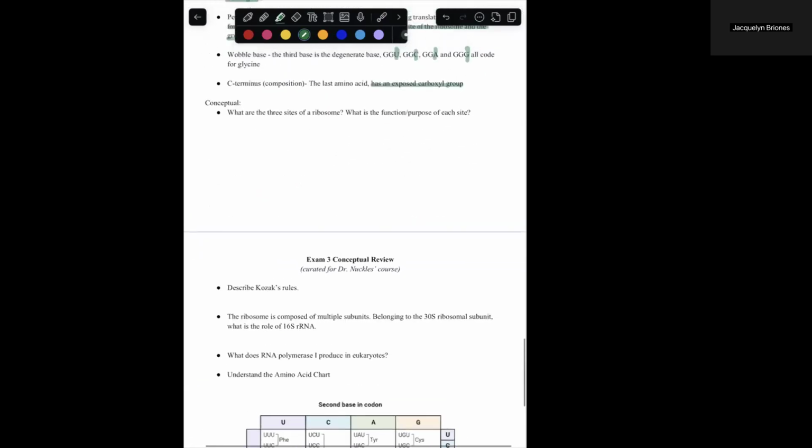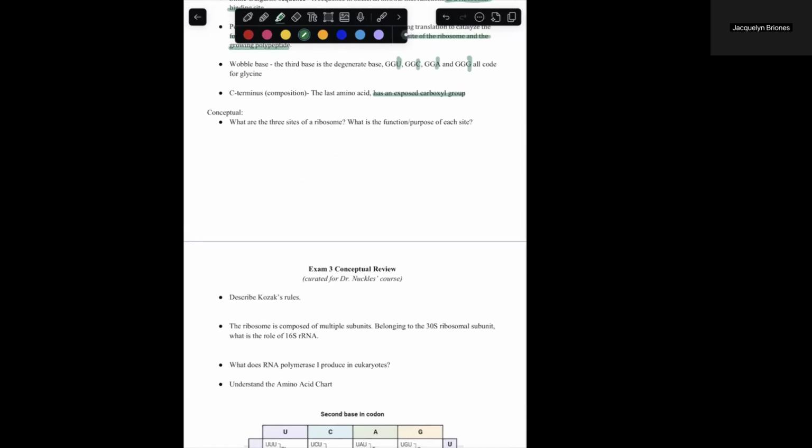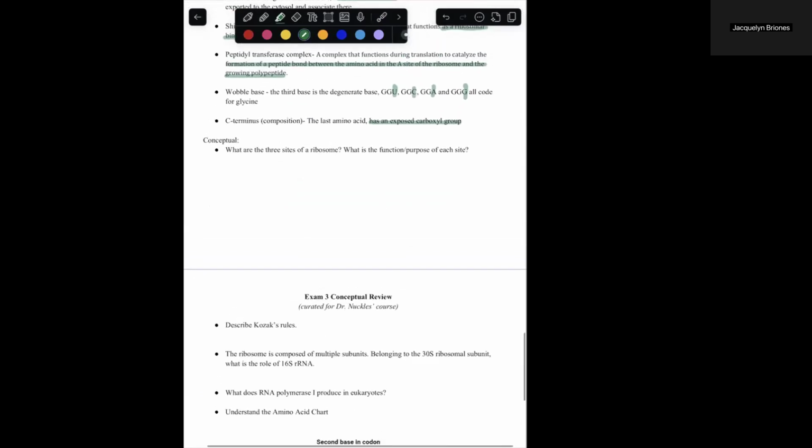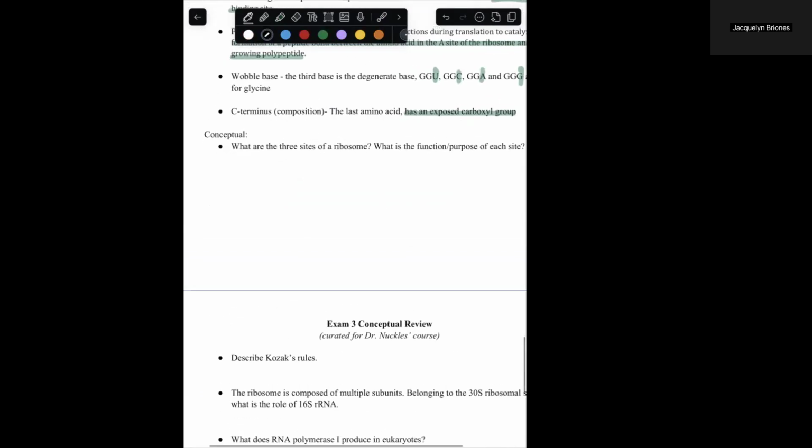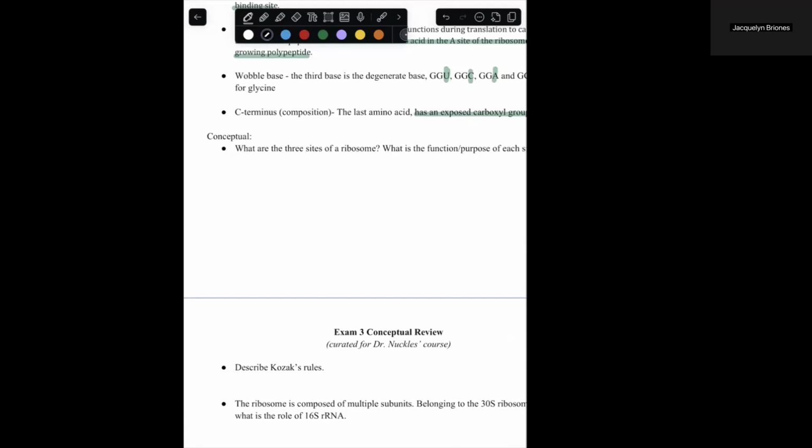Okay. What are the three sites of a ribosome? So this is our P, A, and E. Our P site holds the tRNA.